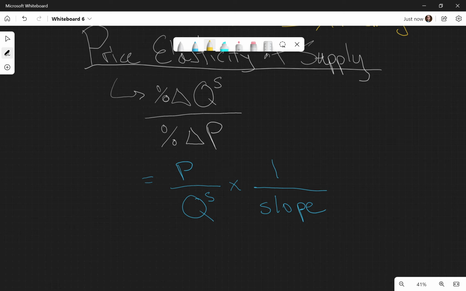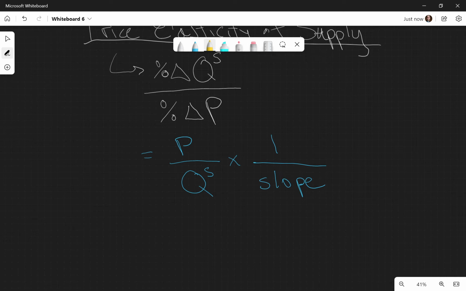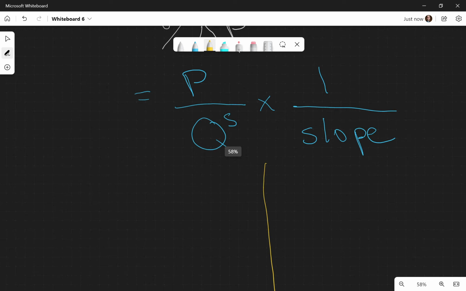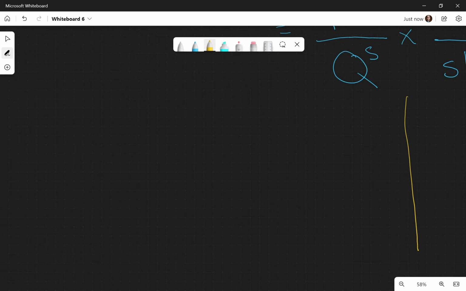So we've got two different situations we're going to talk about. The first one is if the supply curve has a positive intercept.